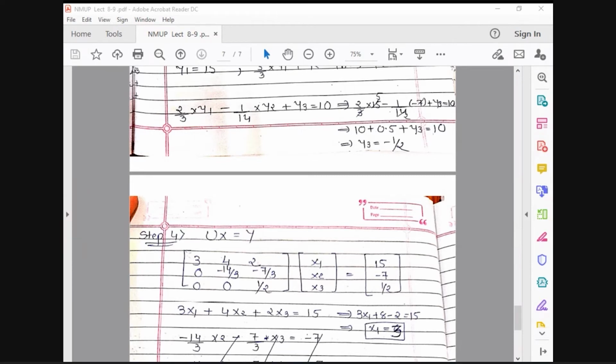Now I'm giving you one example, so you will try to solve it. For that, I'm sharing my screen with you.